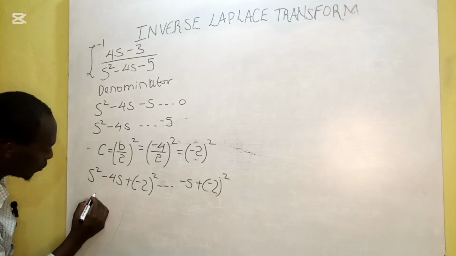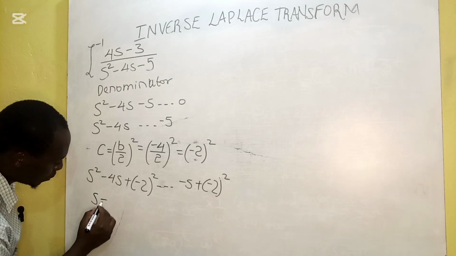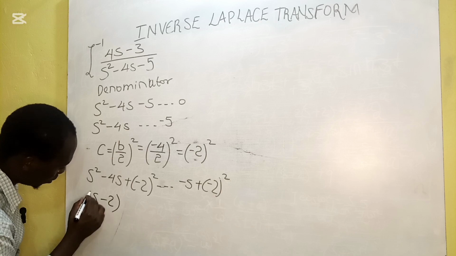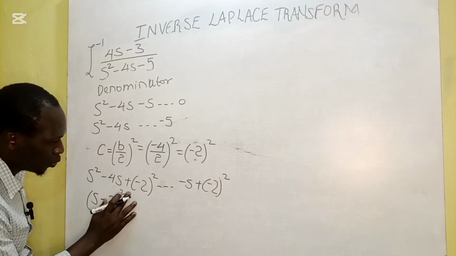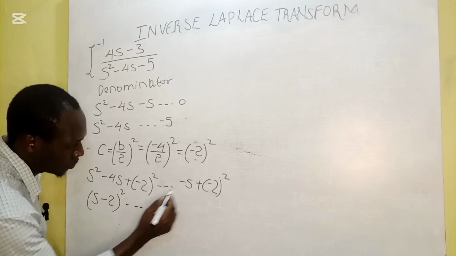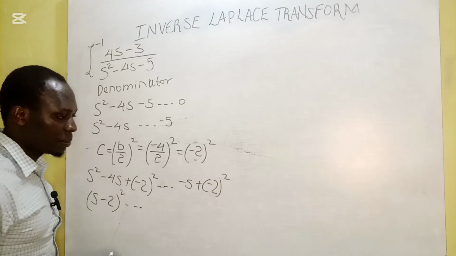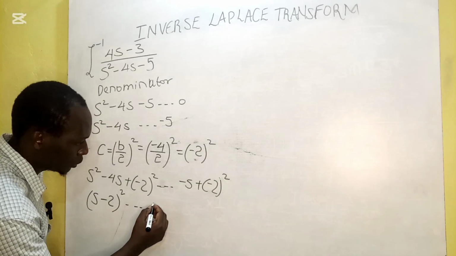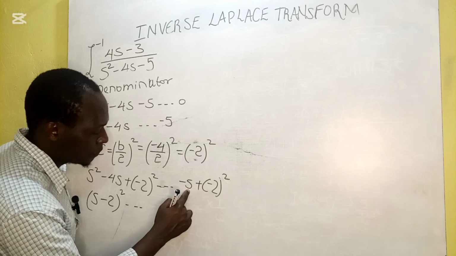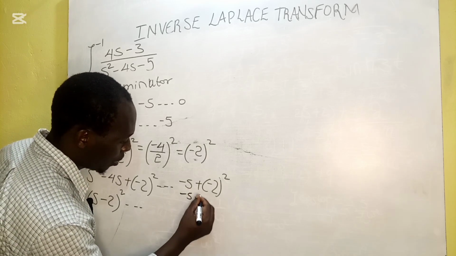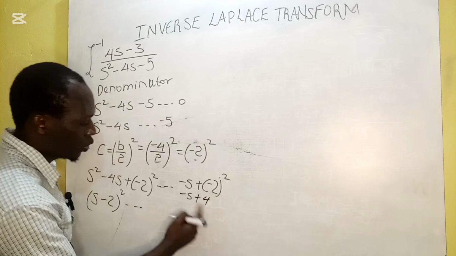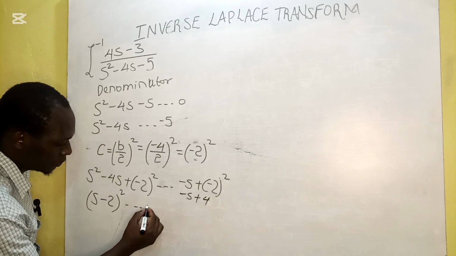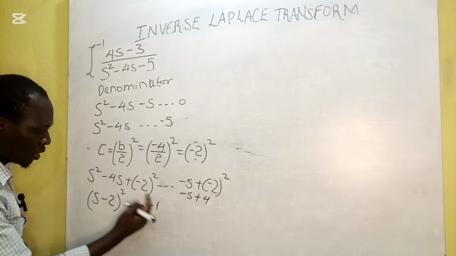To mean that now we are going to have s, we subtract 2, but they have a common term of squared on them. On this side, we can just simplify everything and we are going to have negative 5. Here we are going to have a positive of 4, to mean that we are going to have a negative of 1.